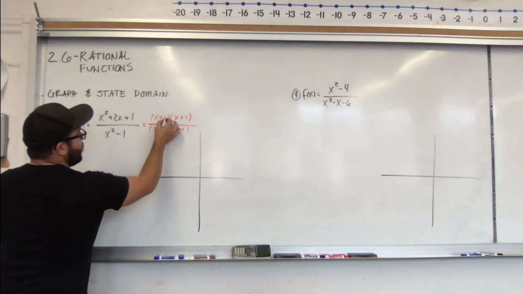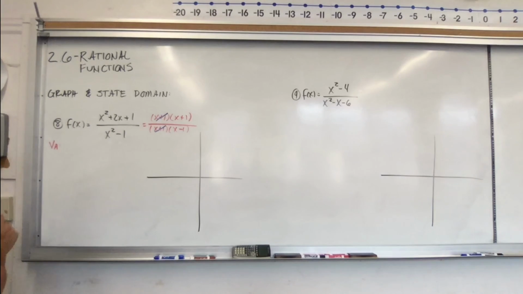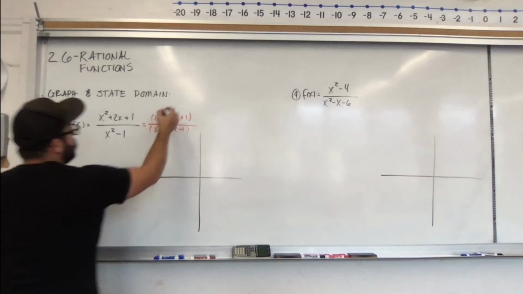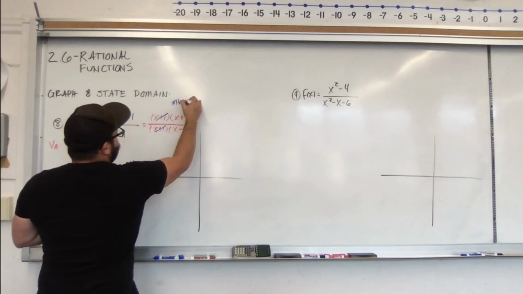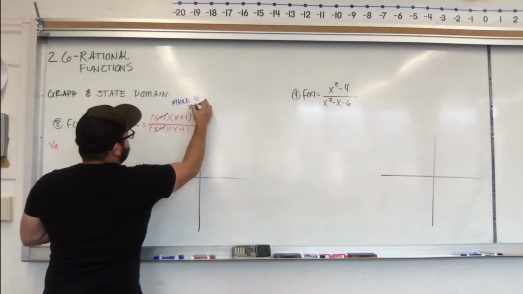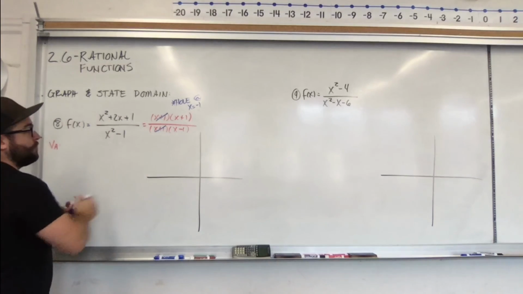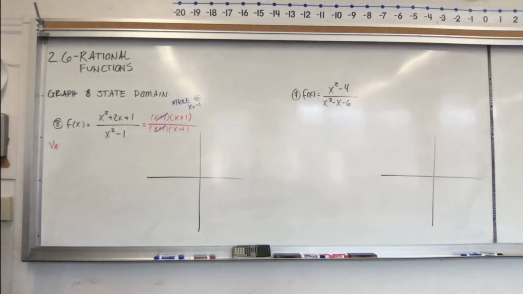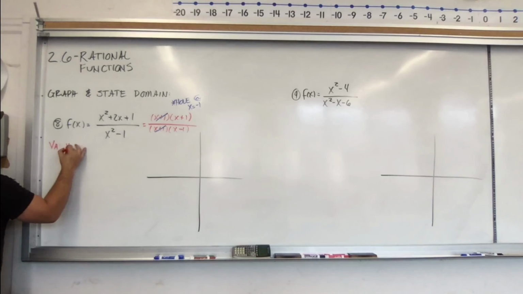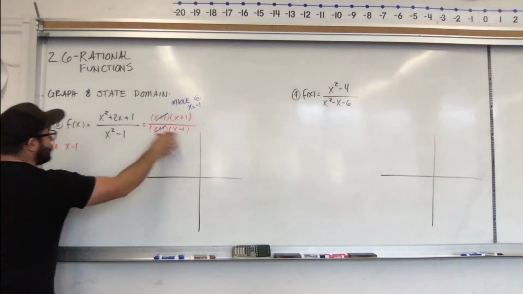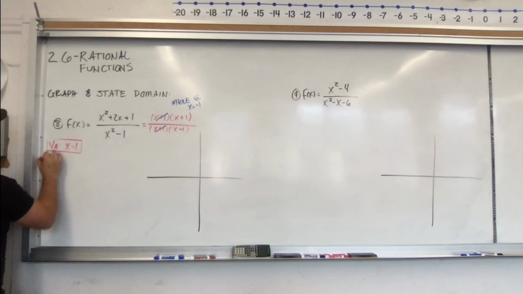However, we do have this repeat of the x plus 1 term. So I'm going to make a note. We have a hole at x equals, sorry, not 1, at x equals negative 1. So where we'd solve for that. Which leaves us only with x equals 1, solve for this equal to 0, for our vertical asymptote.